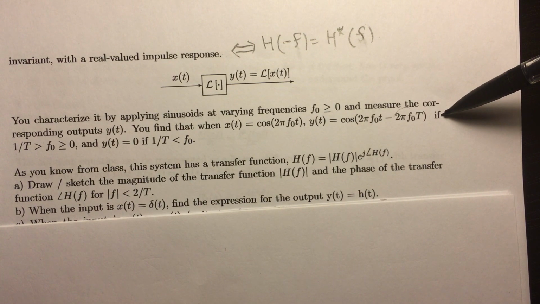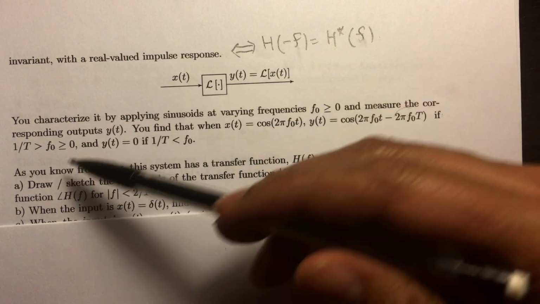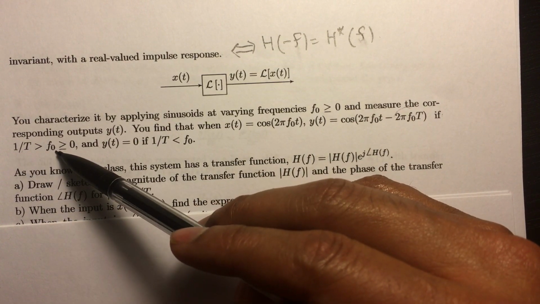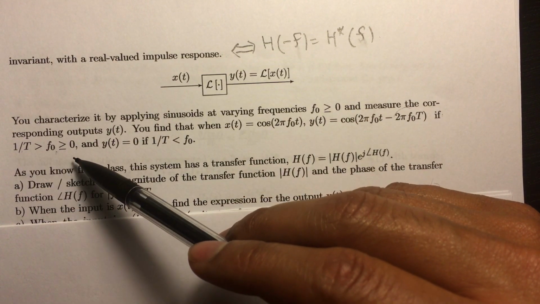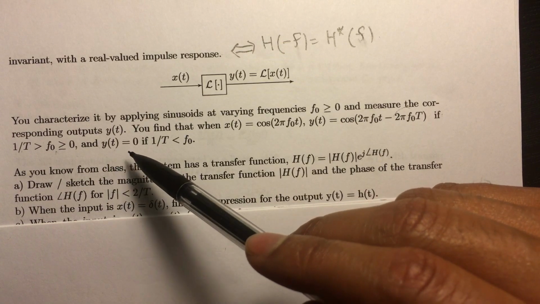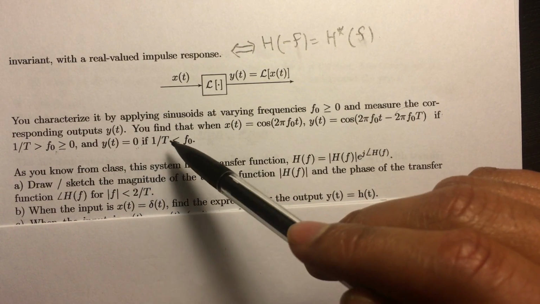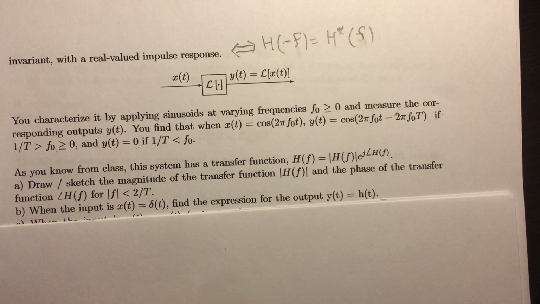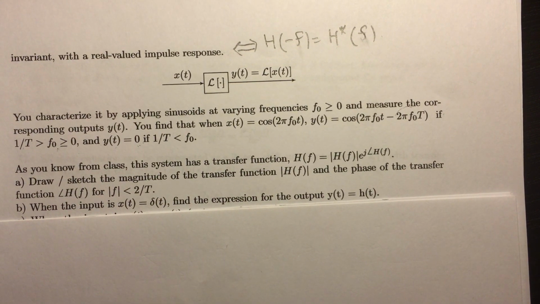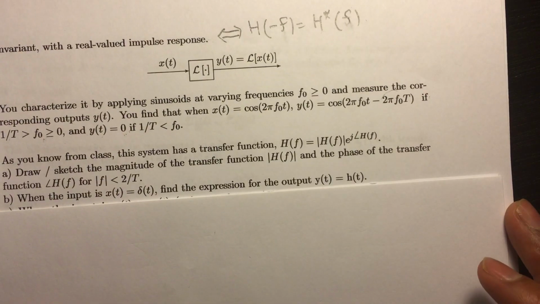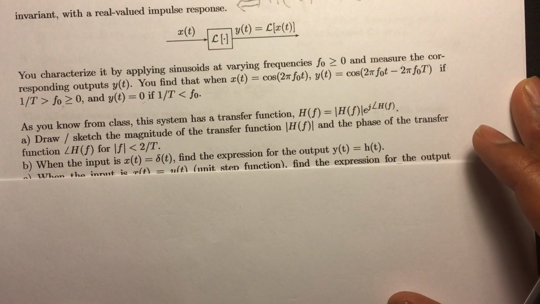And it says the y of t is equal to this if the input frequency falls in this range. Otherwise, it's equal to 0, if the input frequency falls out of this range. So this is kind of thinking in reverse from how we've done these problems before.